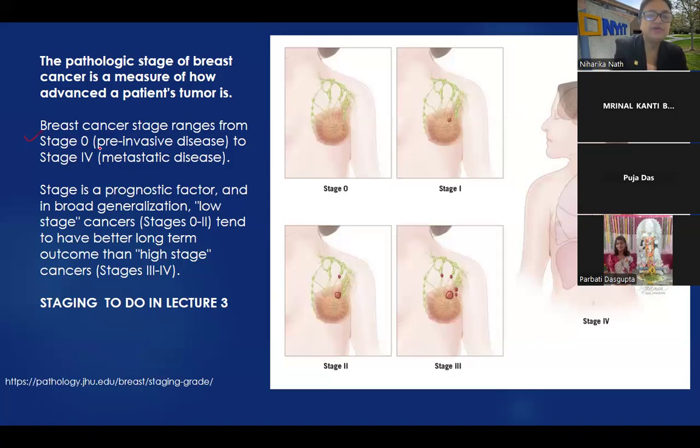stage zero is pre-invasive. Stage zero simply means that it is not a cancer, so you cannot call it a cancer. This is stage zero, where everything is contained. There might be just a couple of dysplastic cells, so maybe just a couple of abnormal cells. And in stage 1, there is visibility.